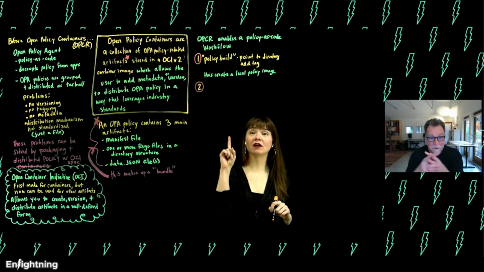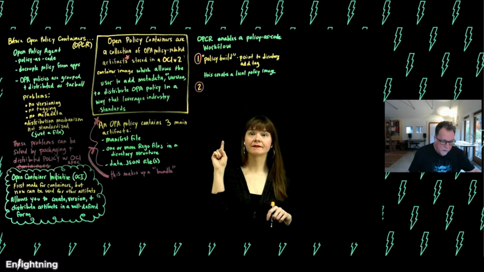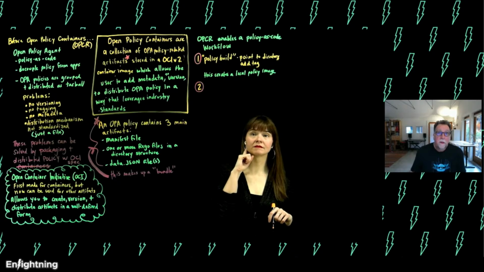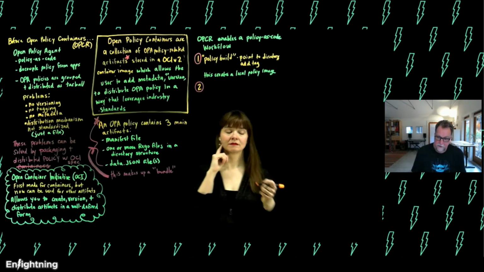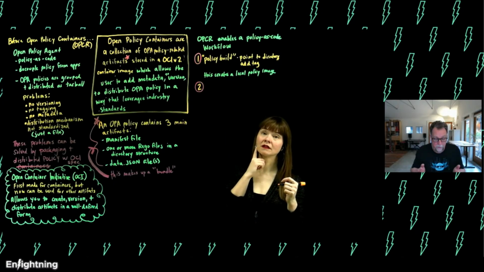Before push, will you say one more thing about testing the policy locally? Testing the policies: there is no policy test as such from the policy CLI point of view, because we deal with the bundle distribution problem.